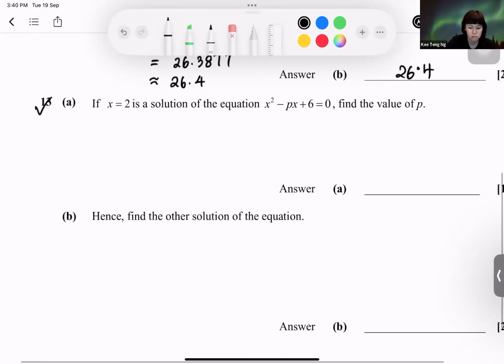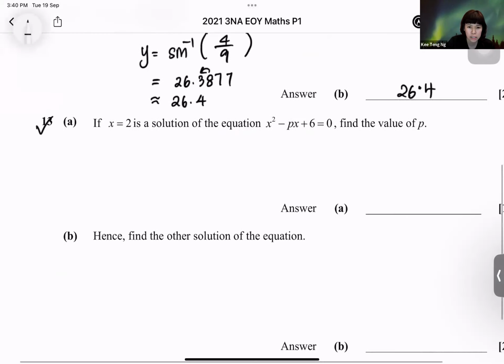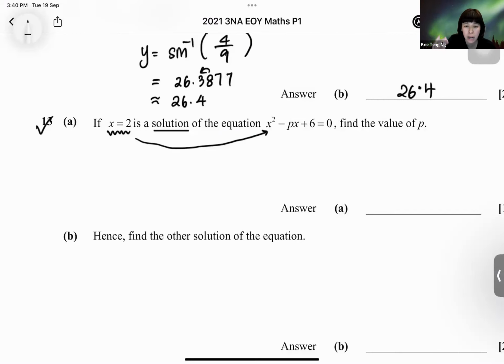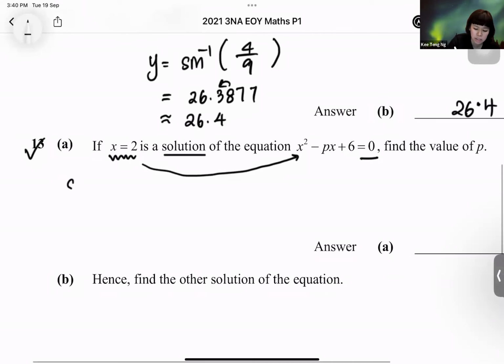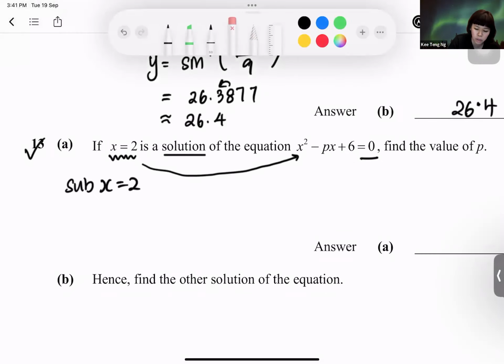Next question. This one over here is slightly a little bit harder, but it's doable. You just follow the cues for the question. What the question says, then you plug it inside. Question tells you x equals 2 is a solution. That means if I plug x equals 2 inside my equation, my left-hand side will be equal to my right-hand side, which is 0. So I'm going to sub x equals 2 into my equation.